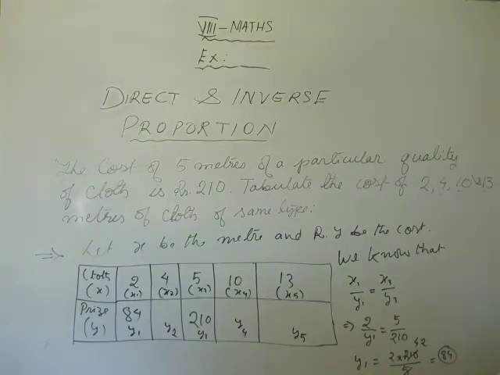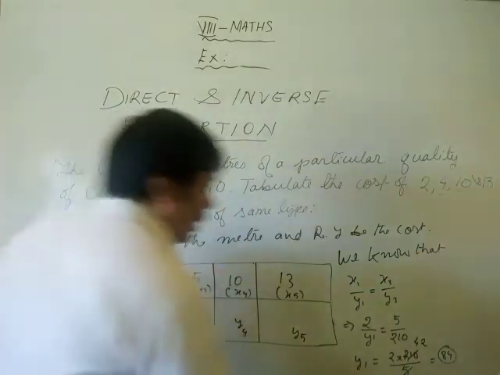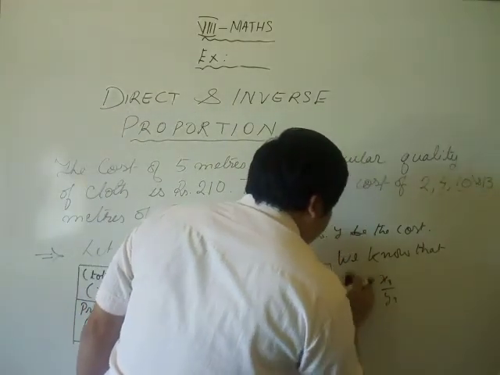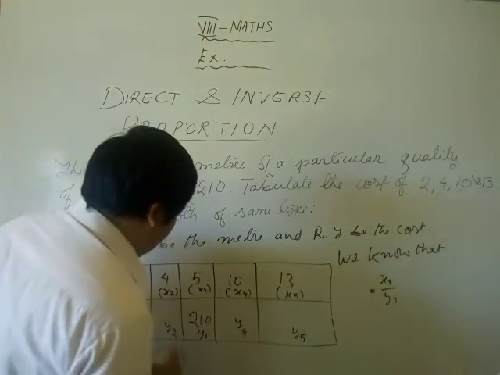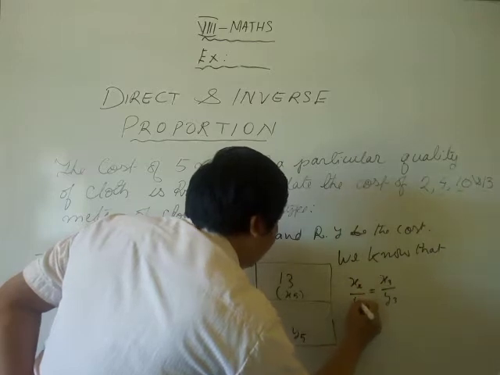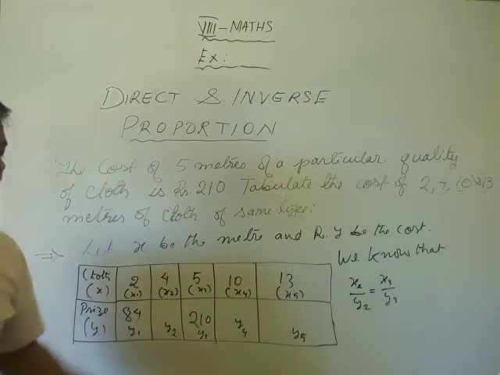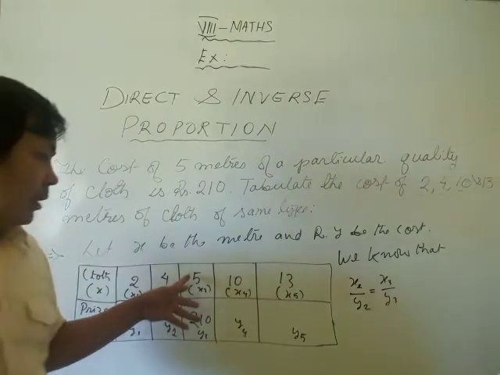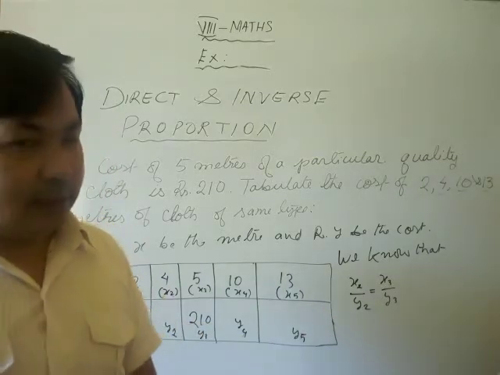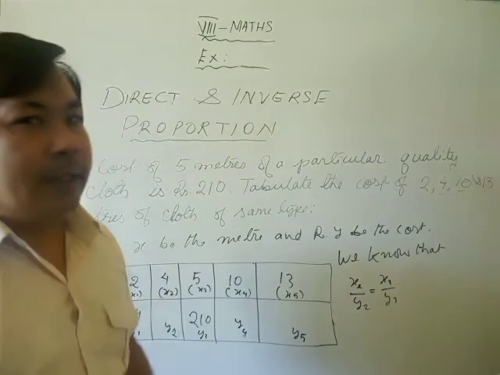Alright. Next we find the value of y2. Since we know that x2 by y2 equals x3 by y3, because this proportion will be the same, you have to take the value of x3, y3 always as the constant value here. Because all this will be in proportion.